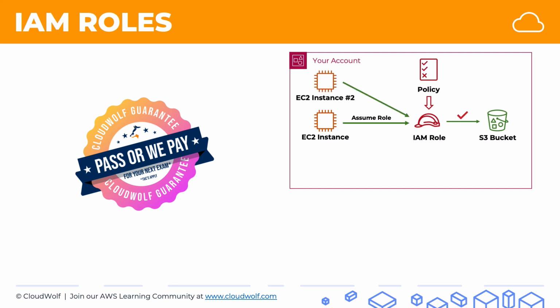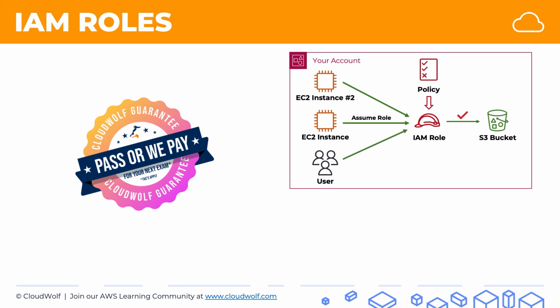Now, other resources can also access this role. Not anybody or absolutely any resource, only whoever you specify inside the role. So inside the role, you'll be able to specify who can assume this role, who's allowed to put this hat on. So another EC2 instance might be able to assume this role and also access this S3 bucket that way.